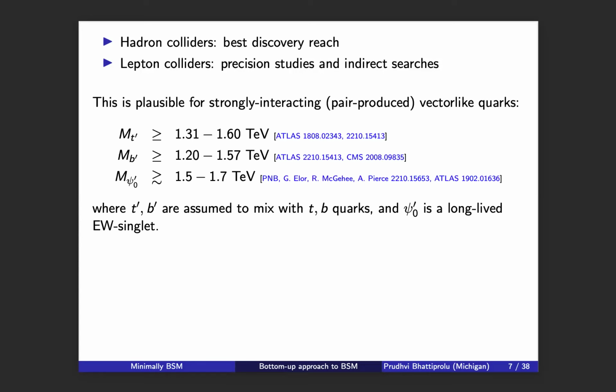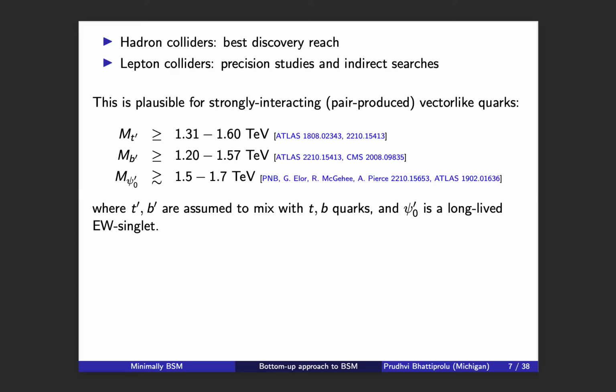For example, here are the bounds on T prime and B prime that are assumed to mix with the top and bottom quarks. And this is the psi 0 prime, which is the vector-like quark in the KSVZ model, for example. We obtained a bound in one of my recent papers with Robert and Gilly and Aaron.